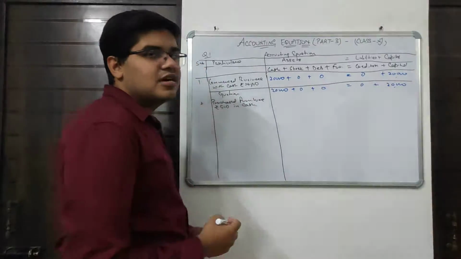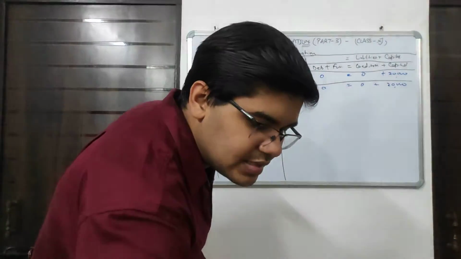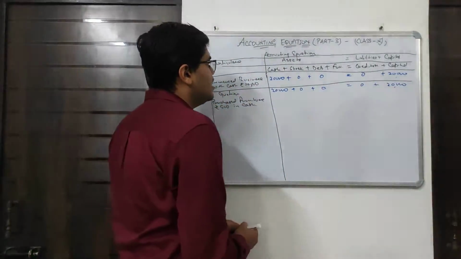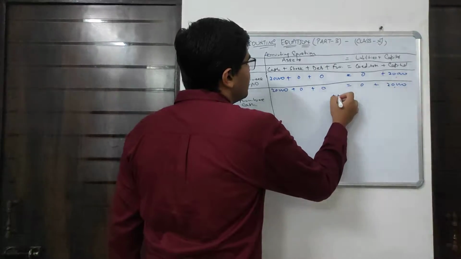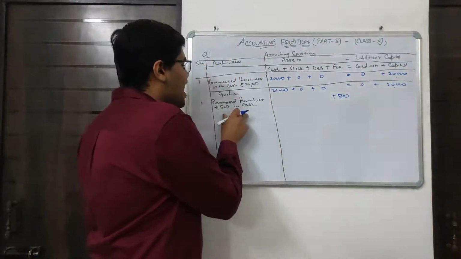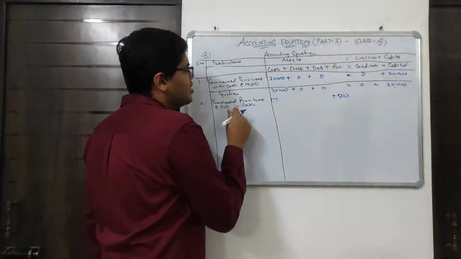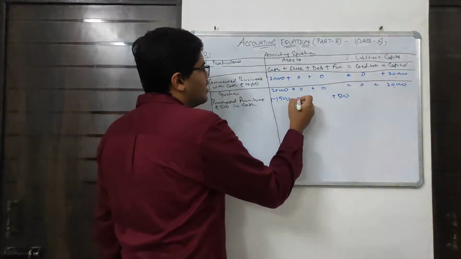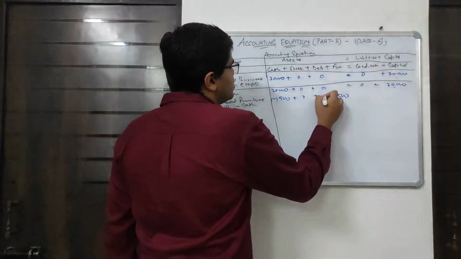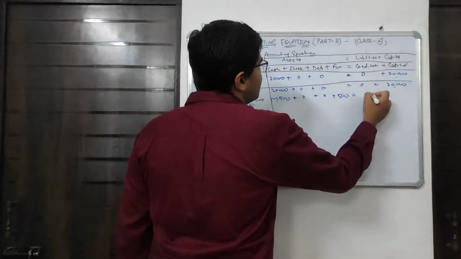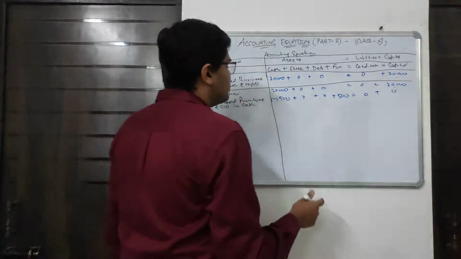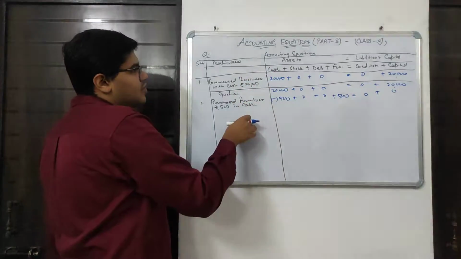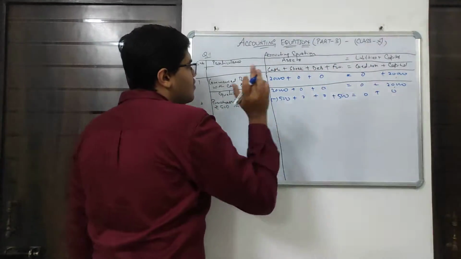Since the furniture is coming into the business, furniture increases by 500 and the cash decreases by 500 because we are making the payment for the furniture through cash, and rest no change in stock, no change in debtor, no change in creditor and no change in capital. As you can see, in two transactions the dual effect gets followed.